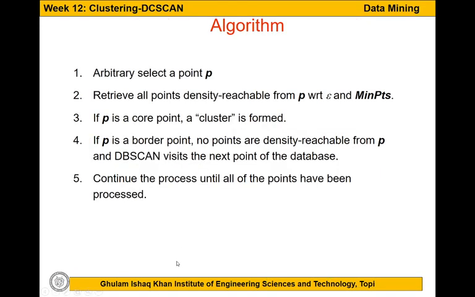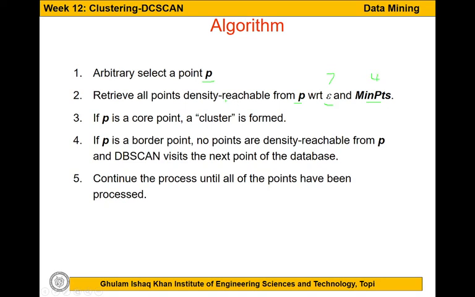Now in the form of an algorithm, DBSCAN works like this: arbitrarily or randomly select a point P, and retrieve all points density reachable from P with respect to epsilon and min points. For example, epsilon is some variable distance measure, let's say 7, and min points is equal to 4.